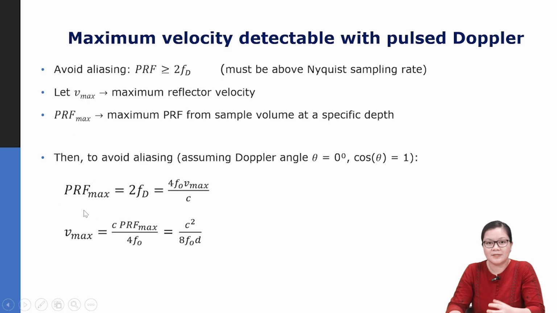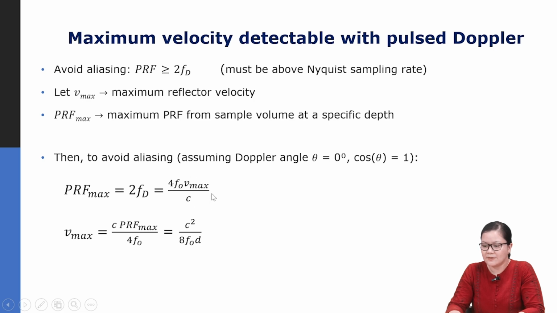The maximum pulse repetition frequency should be at least 2 times the Doppler frequency. If you plug in the Doppler equation, the cosine term is gone, because if you assume a Doppler angle of 0, then cosine is just 1. So there's no cosine term here.